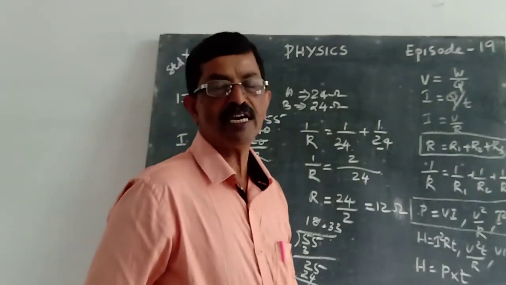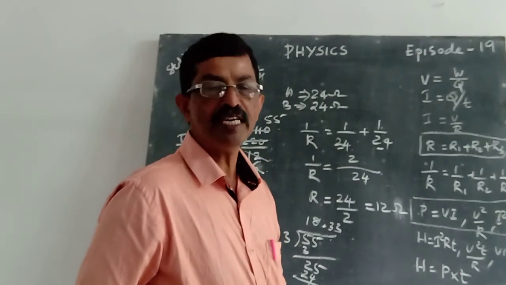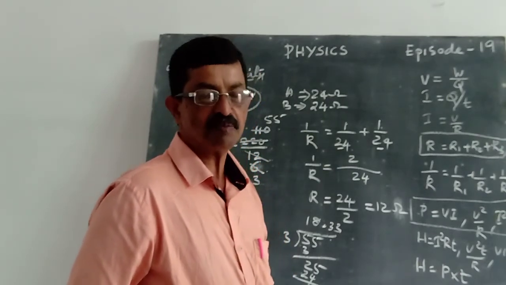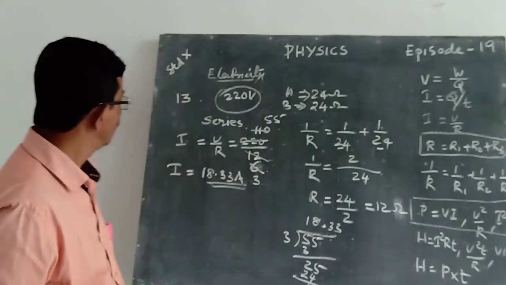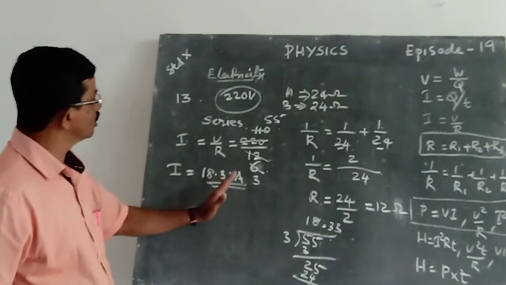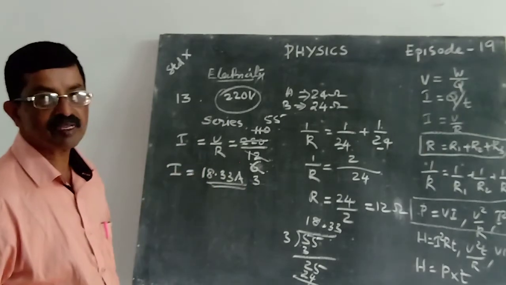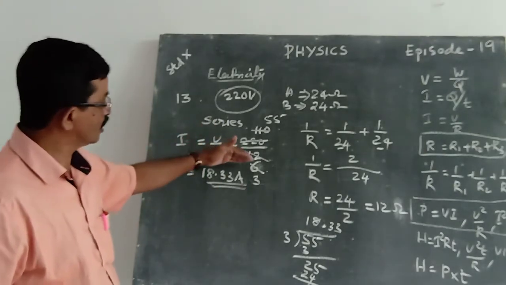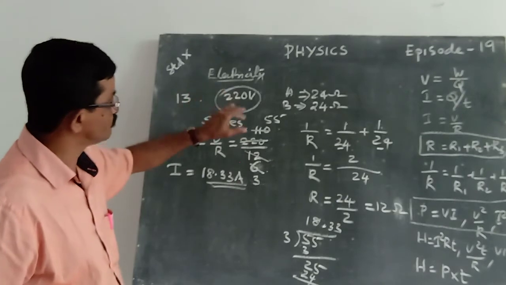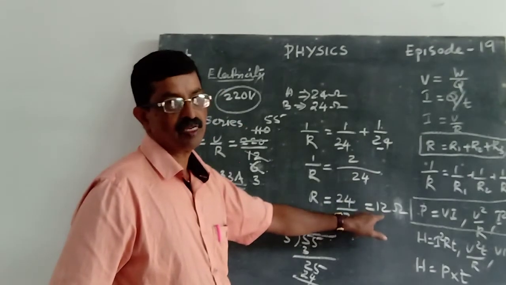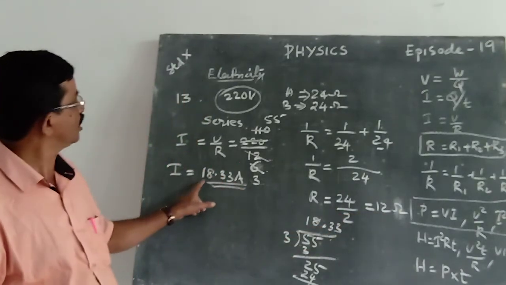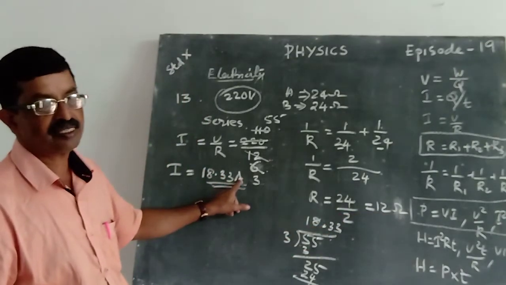Now we want to find current through each of the resistors. Both the resistors have the same resistance. Total resistance we got as 12 ohm, and the total current is 18.33 ampere.